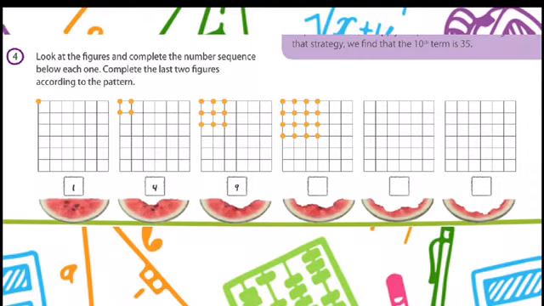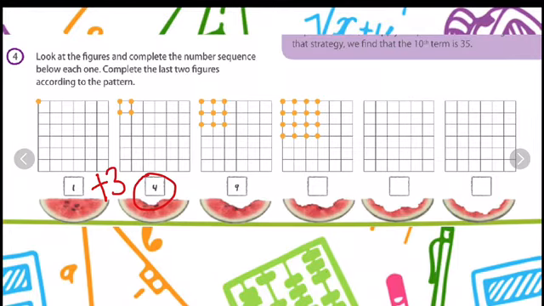We first see that there is 1 on the first figure. Now on the next one I see 4, so I think that they're starting with odd numbers beginning with 3. So that means 1 plus 3 will be 4.